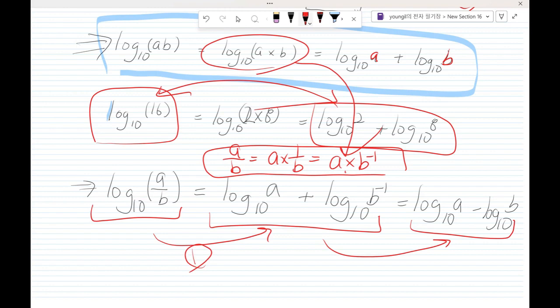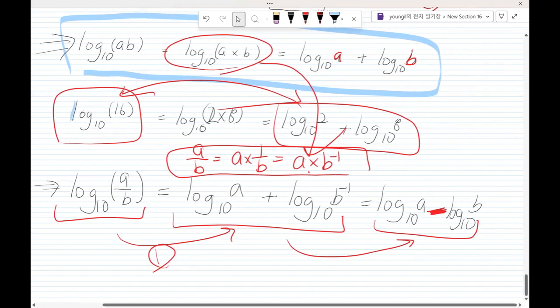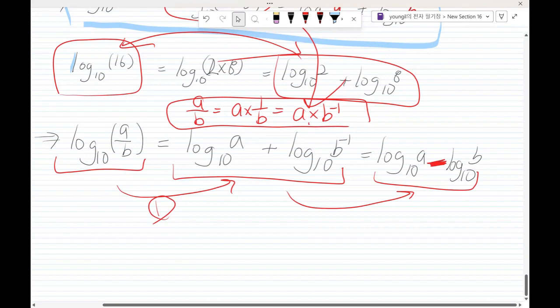Then the minus 1 goes in front of the log. So this is why there is the minus right there. Okay. Any questions so far?